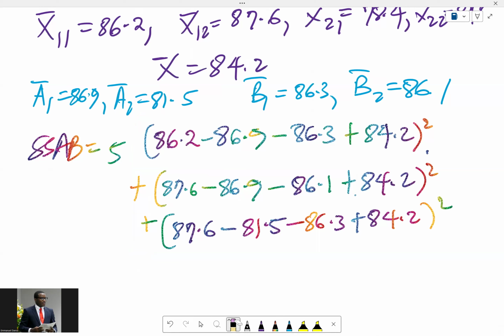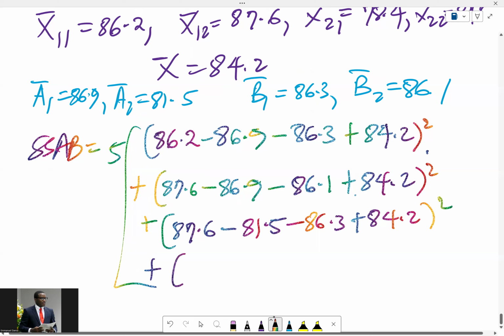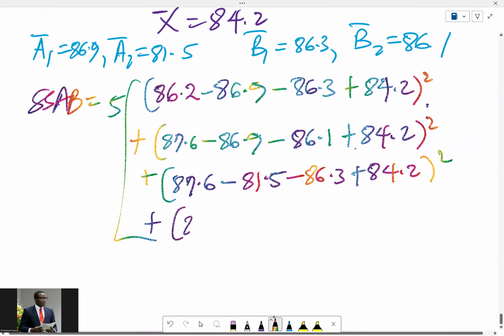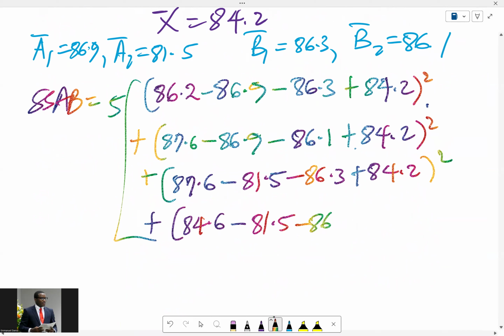Then we have the last layer, which is x22 bar, that's 84.6 minus A2 bar, that's 81.5, minus B2 bar, that's 86.1, plus 84.2 all squared.